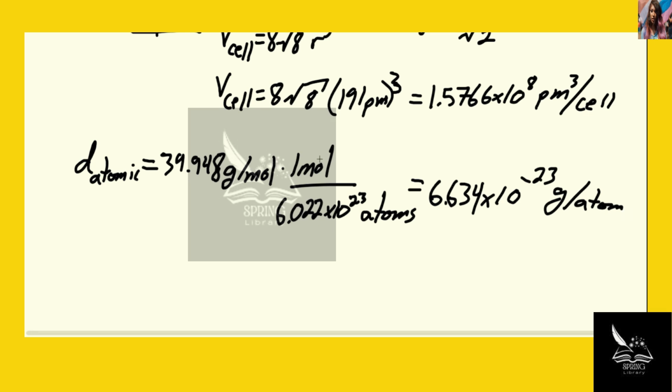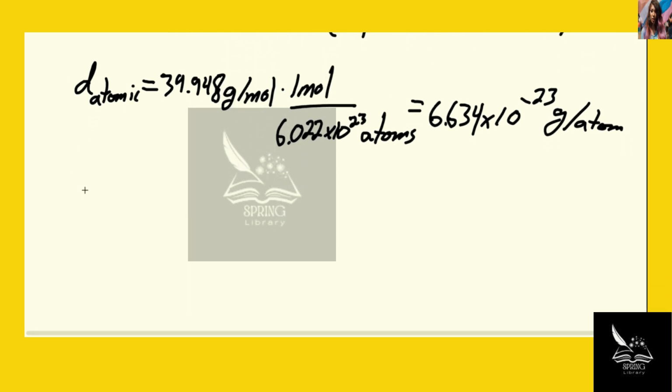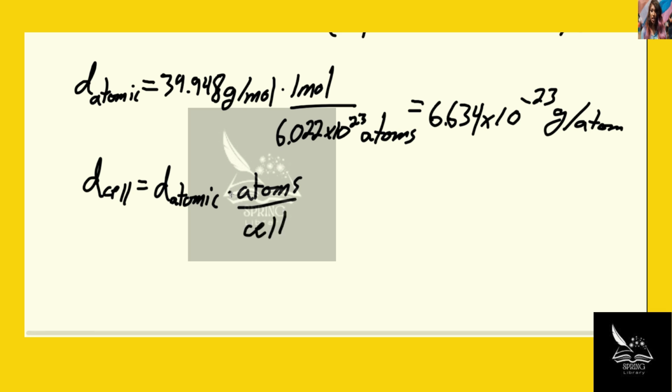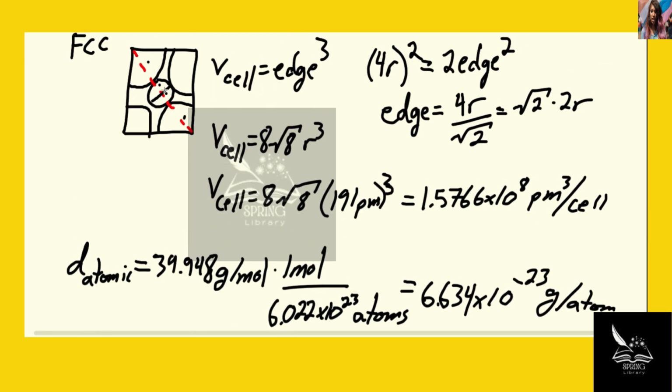Now let's figure out our cellular density, or D cell, which is going to be the grams we have per cell. So that's just going to be our atomic density times the number of atoms we have per cell, which we know for a fact in an FCC cell is going to be 4, because we have one on this face, one on the opposite face, one on this face, one on this face, one on the top face, and one on the bottom face, and each of those are all 1/2.